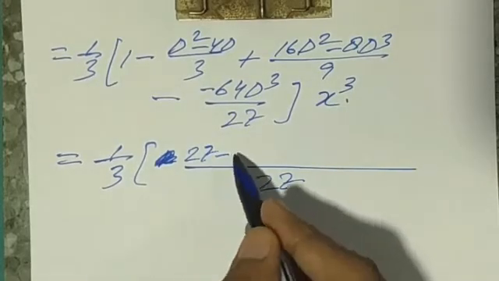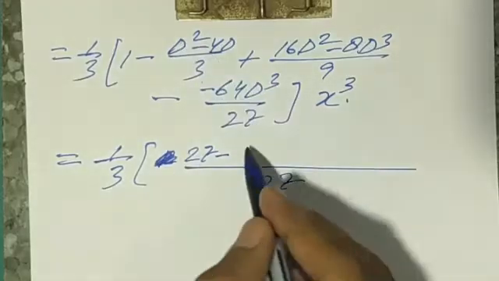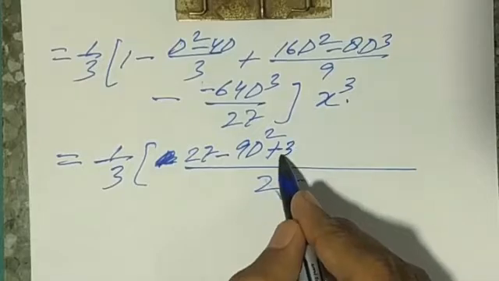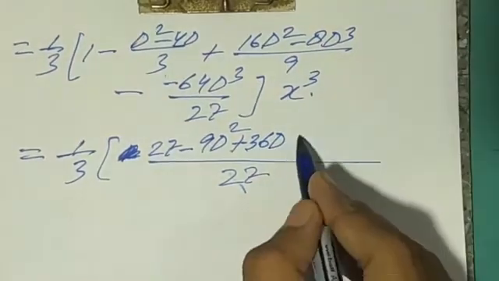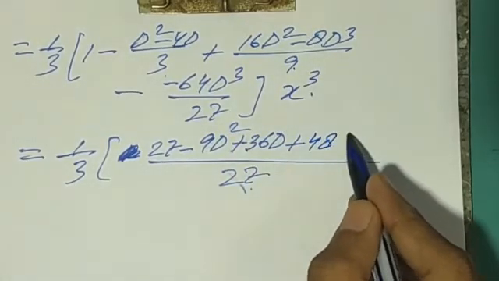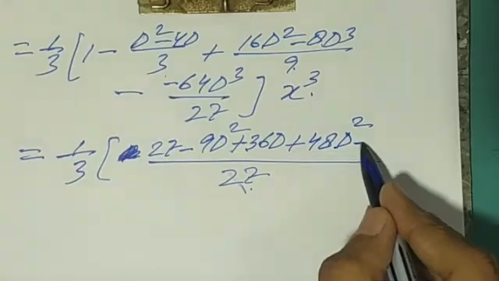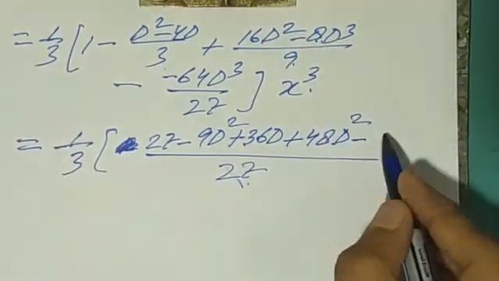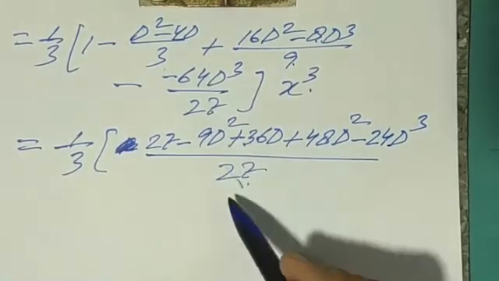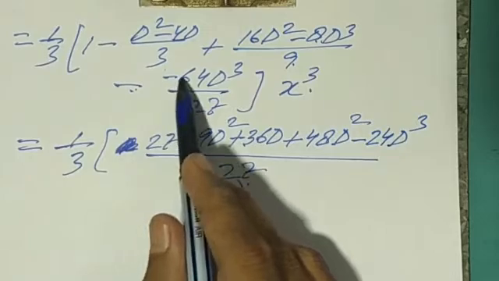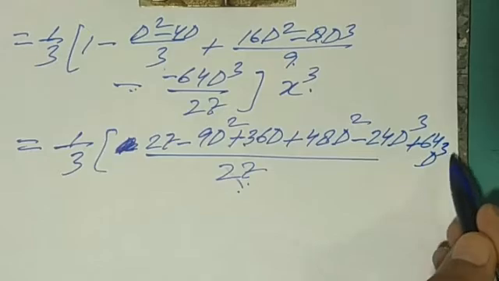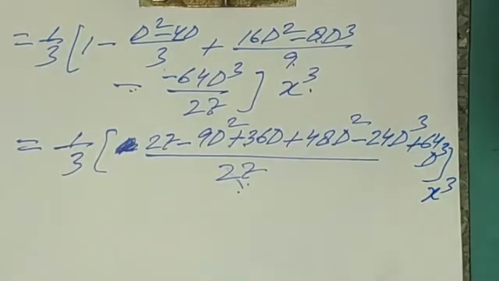Here we have 27 minus 3 9s are 27, 9 d square plus 9 4s are 36 d plus 9 3s are 27, 3 will multiply 16, 48 d square minus 3 8s are 24 d cube, and 27 will divide 27 one time, and here minus into minus plus 64 d raised to the power 3, bracket close, x cube.